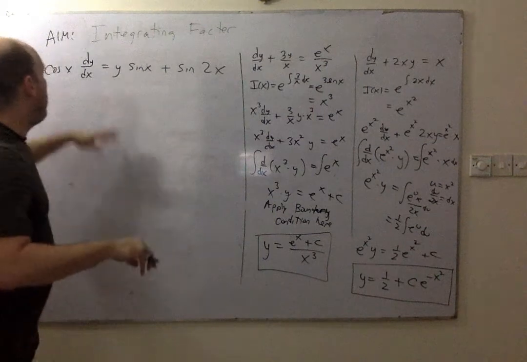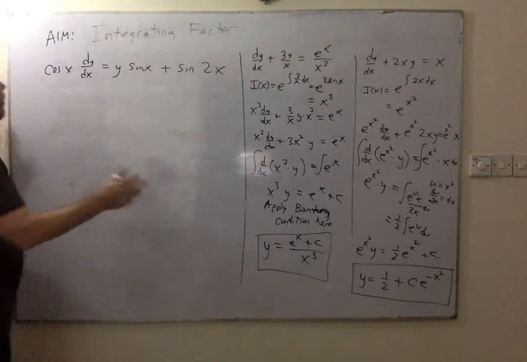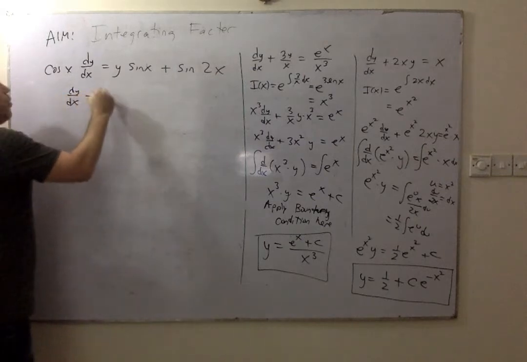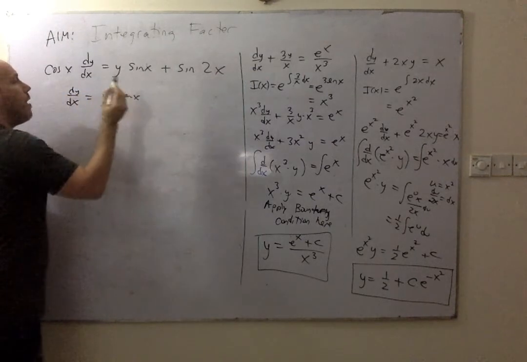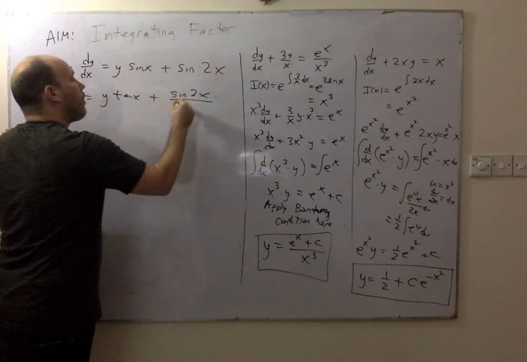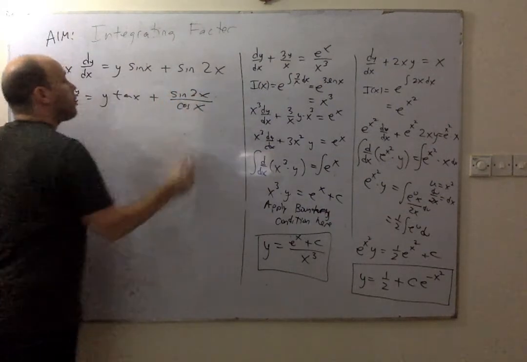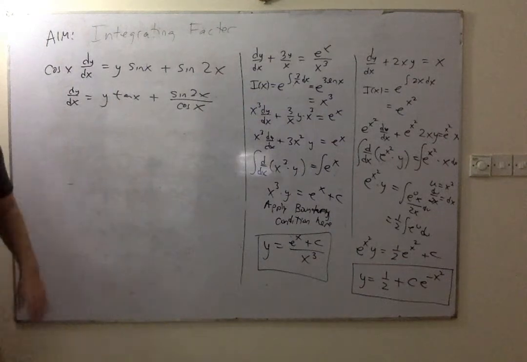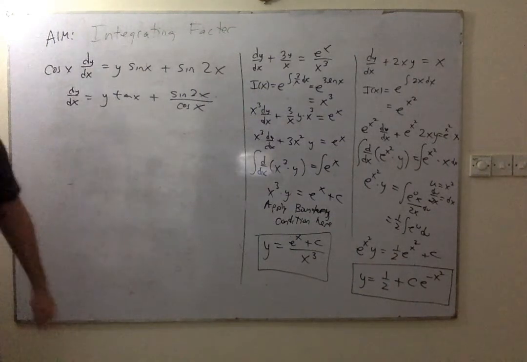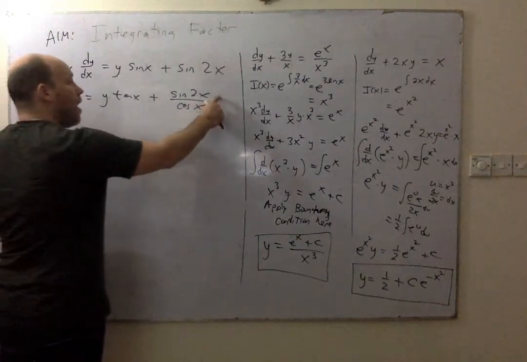So first of all, get dy dx alone. So let's divide everything by cosine. So we have dy over dx is equal to y tangent of x plus sine of 2x over cosine of x. Can we simplify this actually?